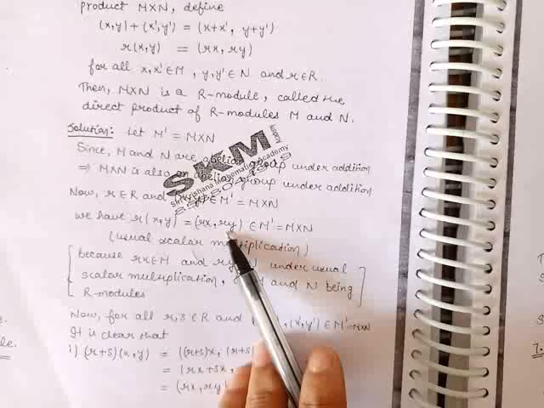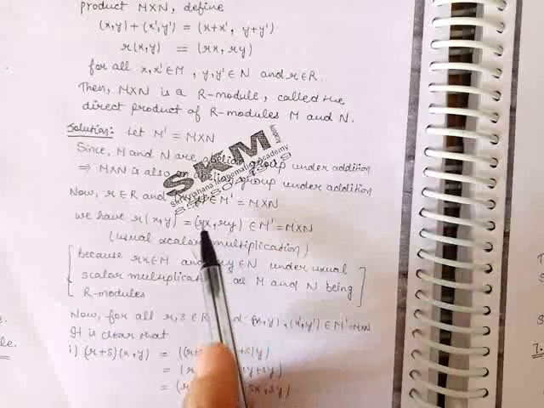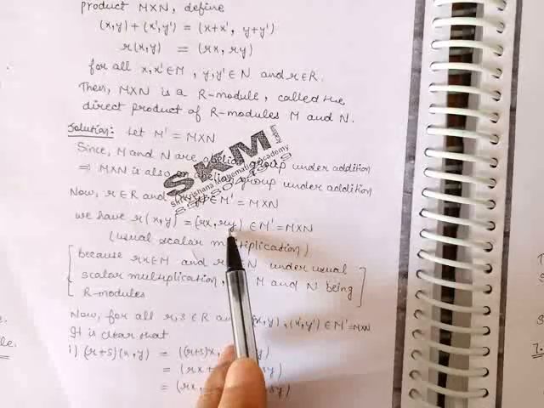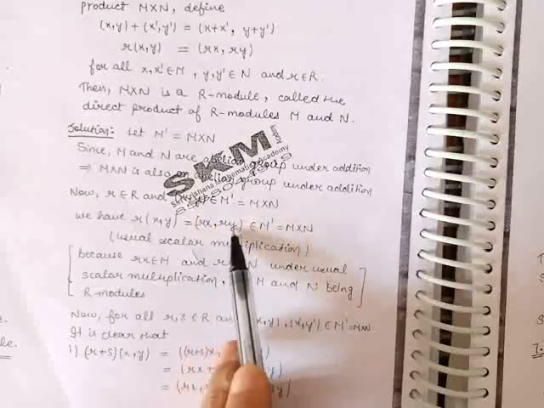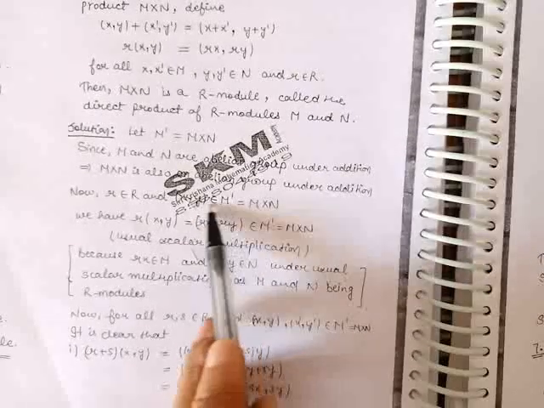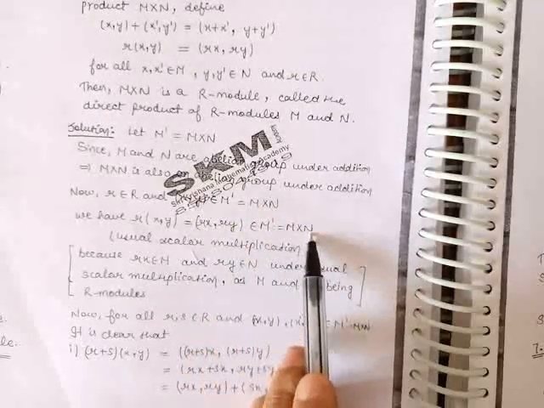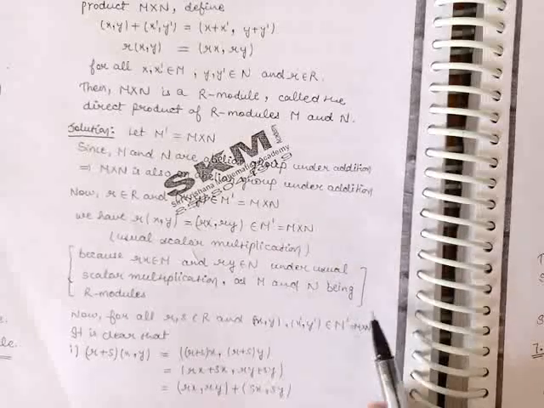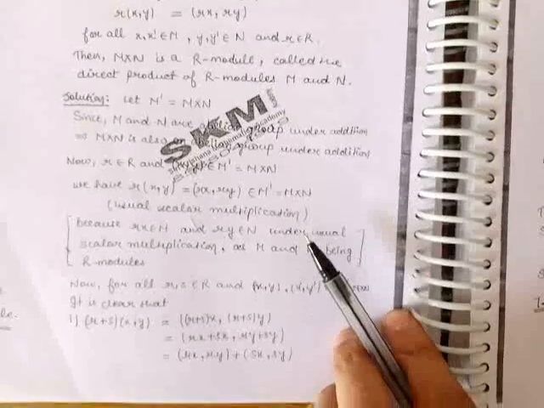Because M is a module, rx is an element of M, and ry is an element of N, so this ordered pair is an element of M cross N. In this way, we have defined the scalar multiplication in M cross N. Now it remains to verify the remaining four conditions.